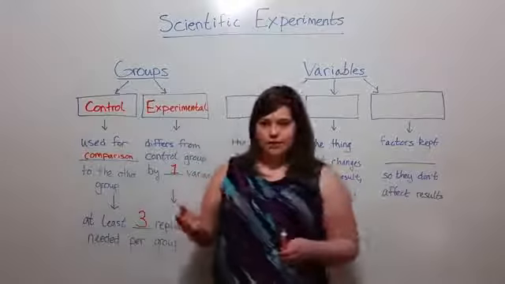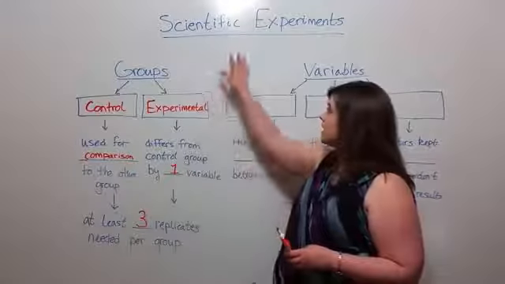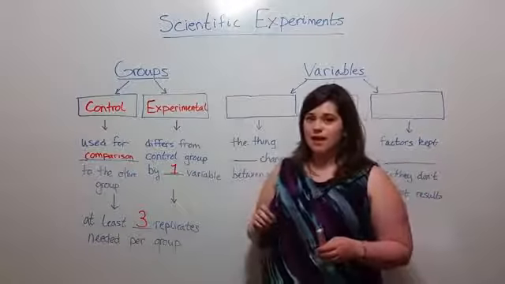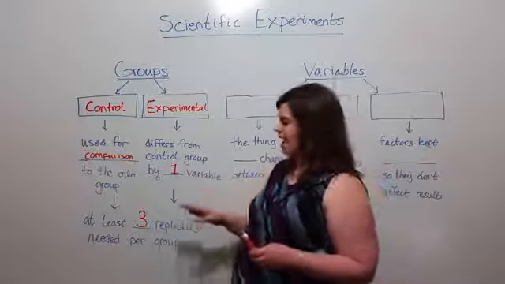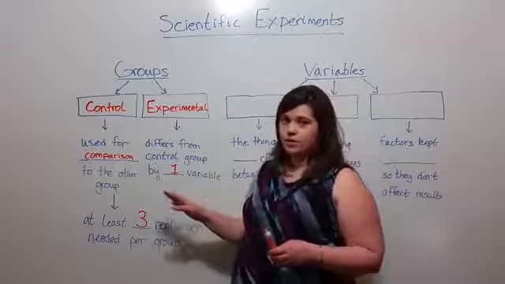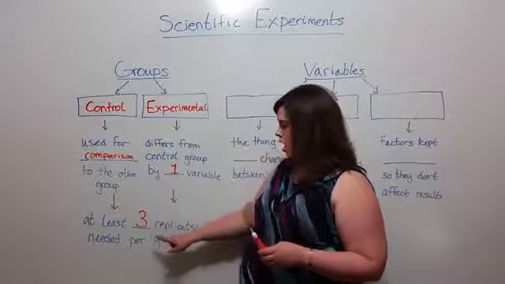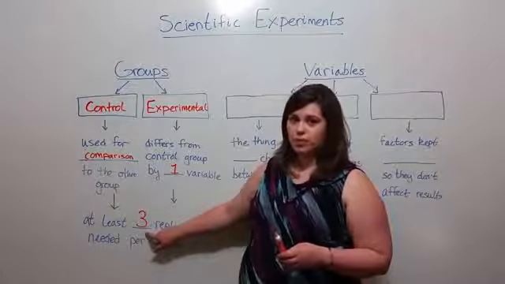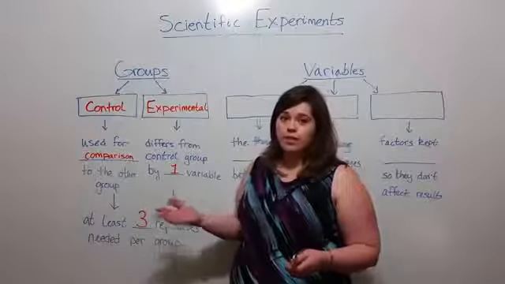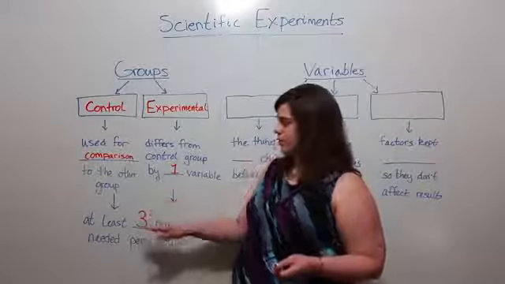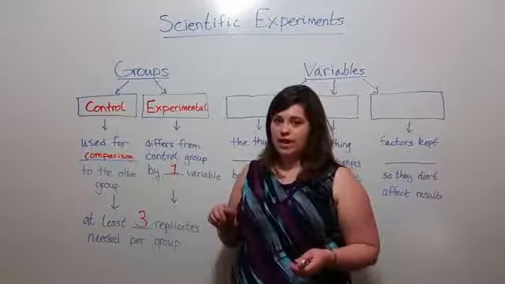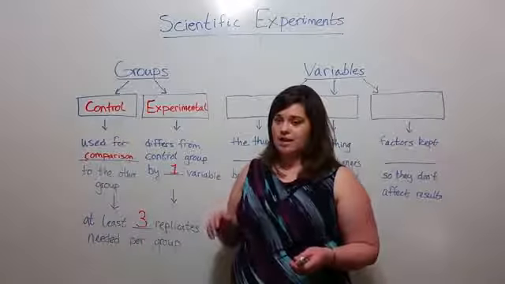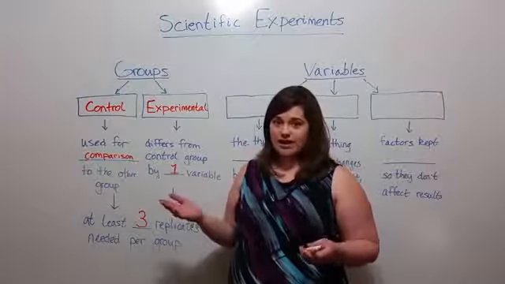So for example, let's say that you were going to conduct a scientific experiment comparing two different groups of plants. Each of these groups needs to have a minimum of 3 plants per group. More than 3 plants is even better, but at least 3. The control group might be 3 plants that are grown in natural light.